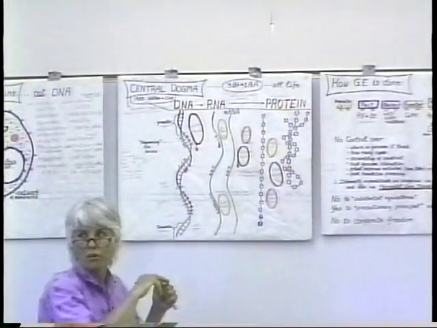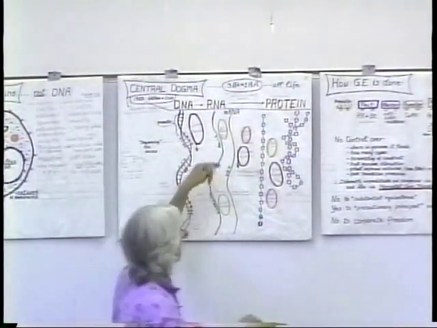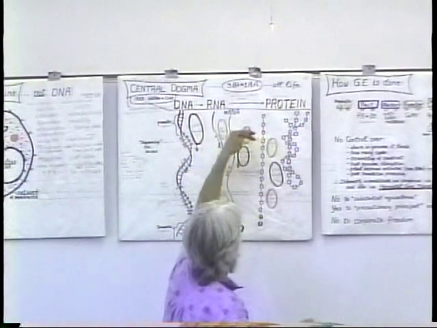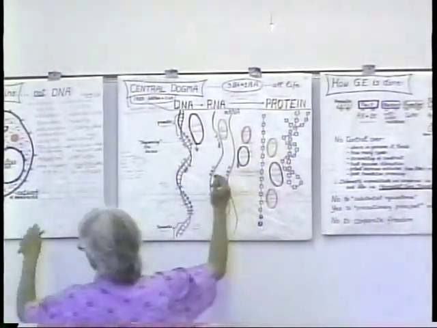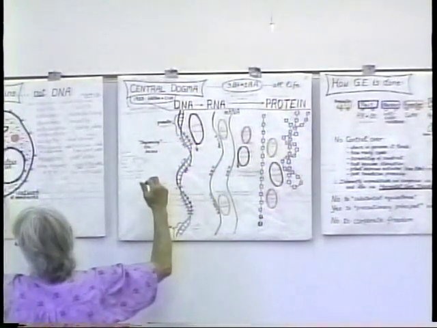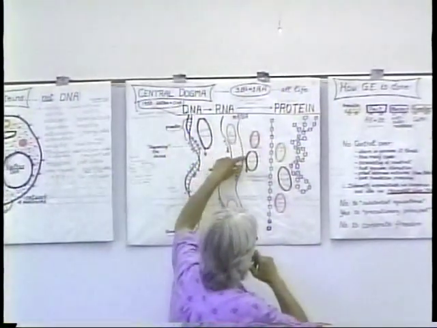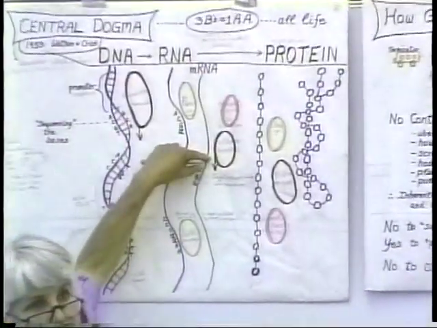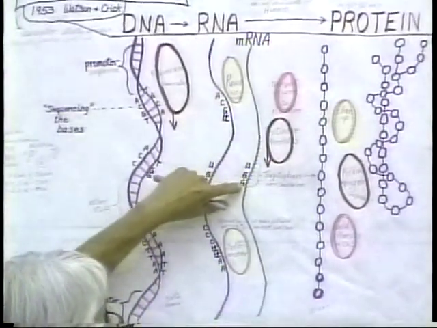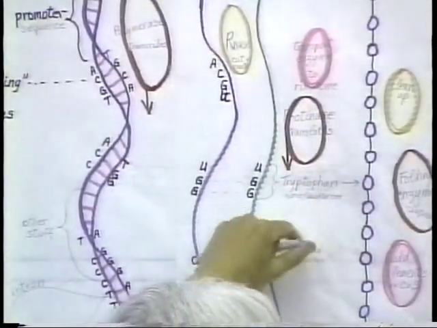It also can splice in different ways. And then we have a transport enzyme, and then it's transported out of the nucleus to the manufacturing plants at this stage. And then you have enzymes that come along and translate the code from 3 bases to 1 amino acid. And a lot can happen in that stage.